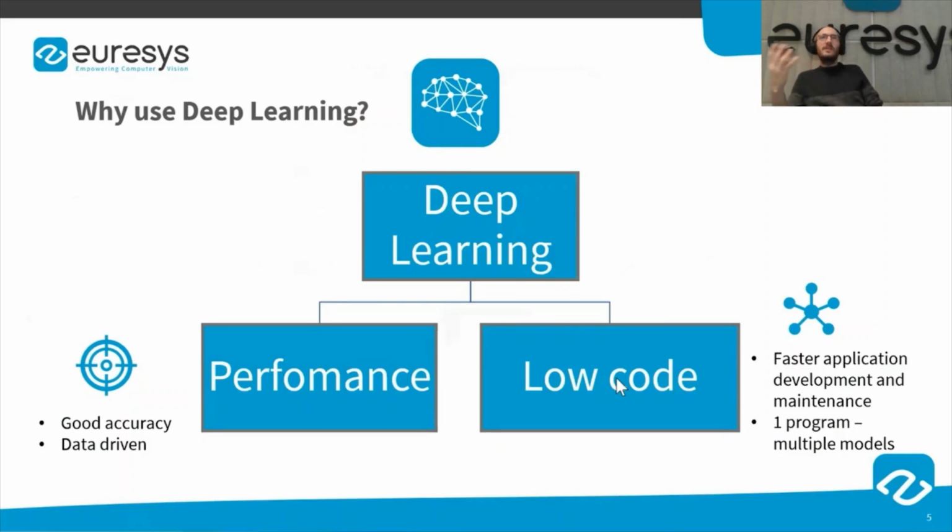And also, thanks to the fact that all the complexity of a deep learning algorithm is contained within a model file, you can have a single program that you can deploy with different models, and models that you can update to take into consideration new use cases, new types of defects, for example.